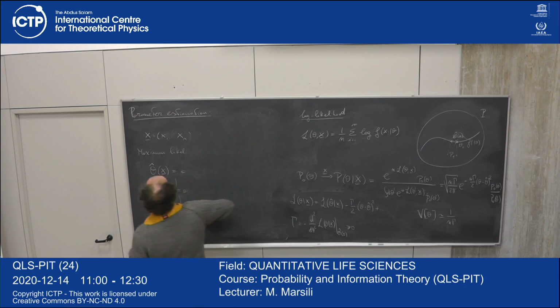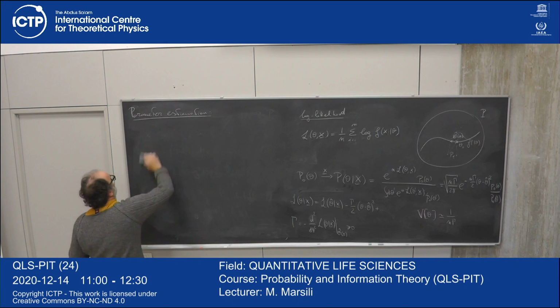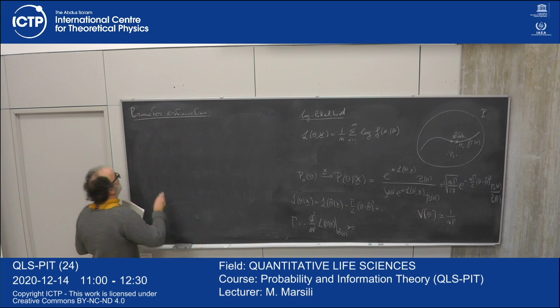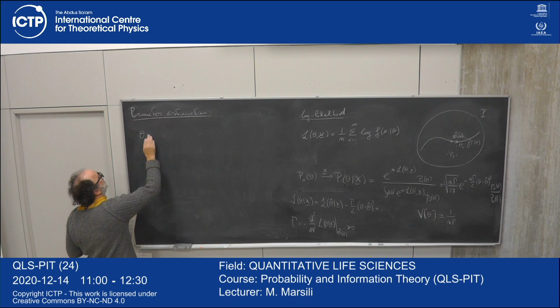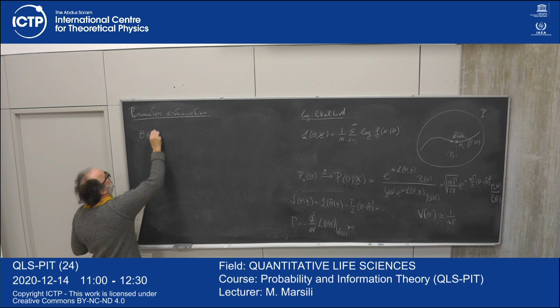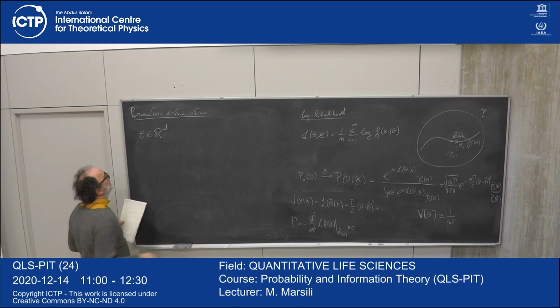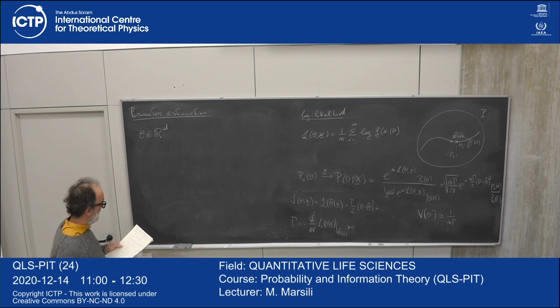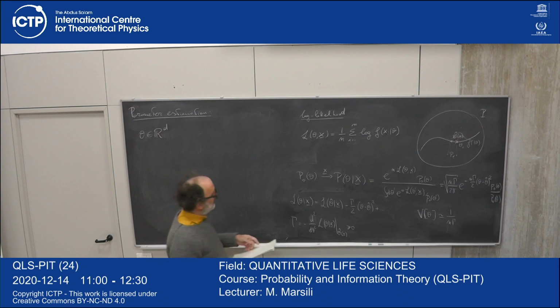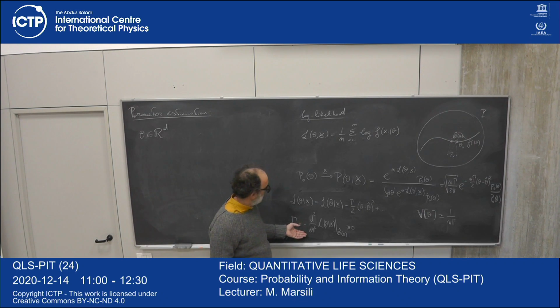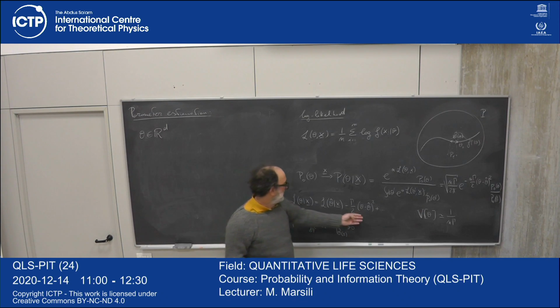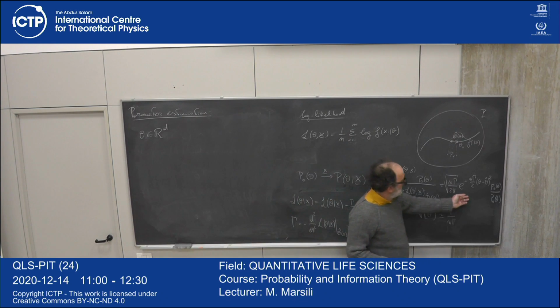Imagine that now your vector of parameters is a d-dimensional vector. Then essentially this gamma becomes a matrix, this becomes a quadratic form, and this becomes a multi-dimensional Gaussian distribution.